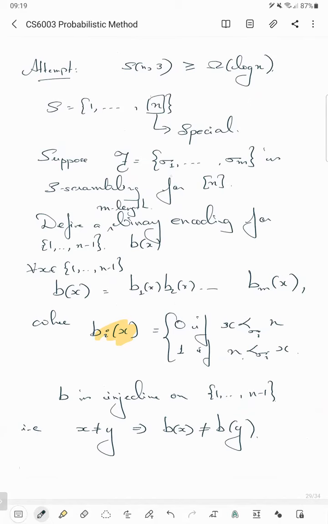The ith bit of a value x is 0 if in the ith permutation x is before n, and 1 if it is the other way around.